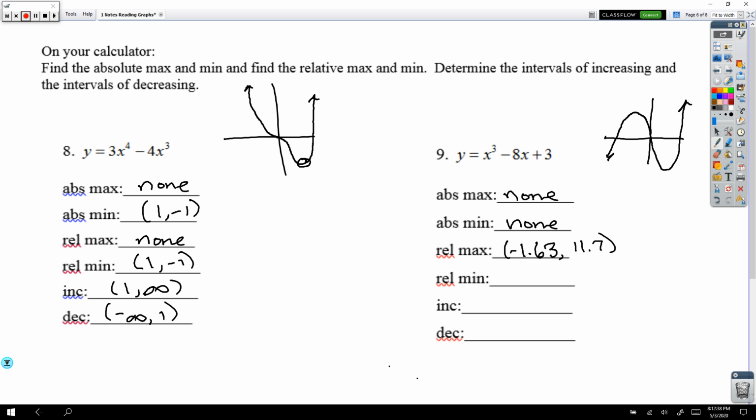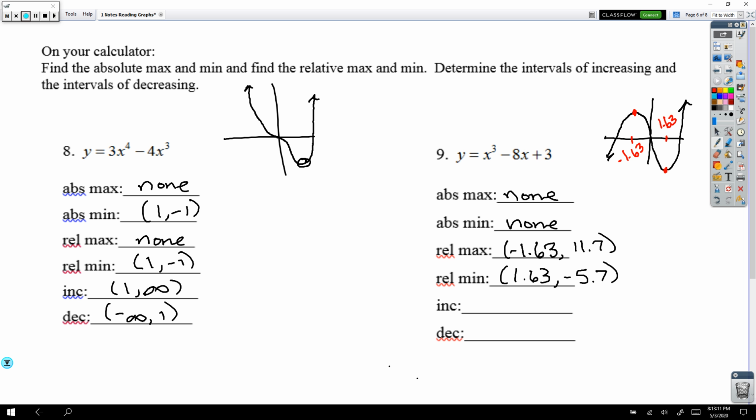My relative min was 1.63, negative 5.7. Now, increasing and decreasing. If I think about where my max and mins are, right, so that's kind of what splits up my increasing and decreasing intervals. Here would be the x value, negative 1.63, and then here would be the minimum, which would have the x value of 1.63.